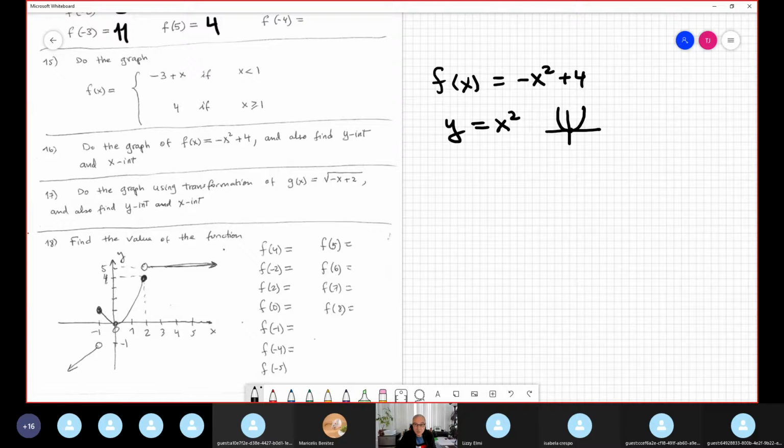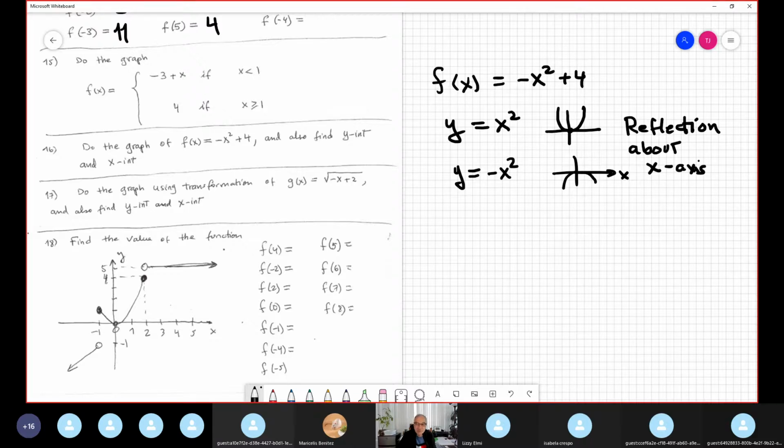Transformation number one is a reflection. When you have that negative outside, the parabola opens down. It is a reflection about the x-axis. And finally, plus 4. The plus 4 is the second transformation, a vertical shift of 4 units up.